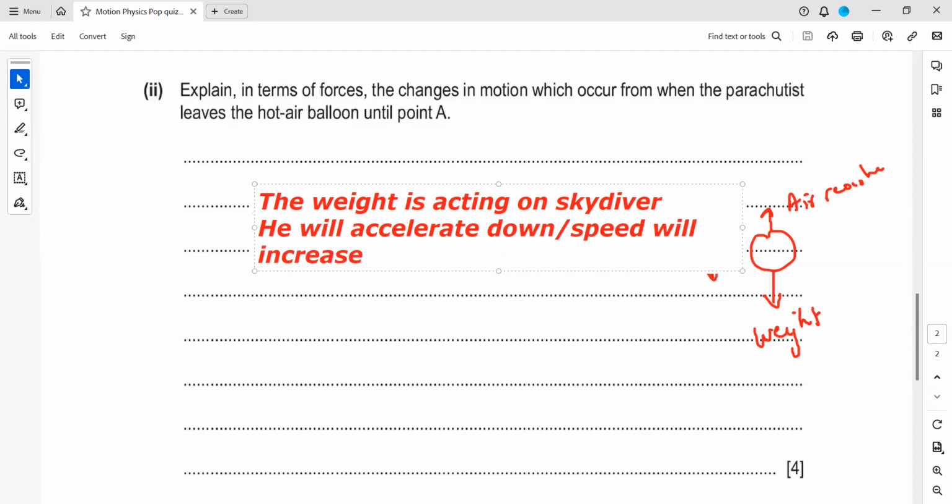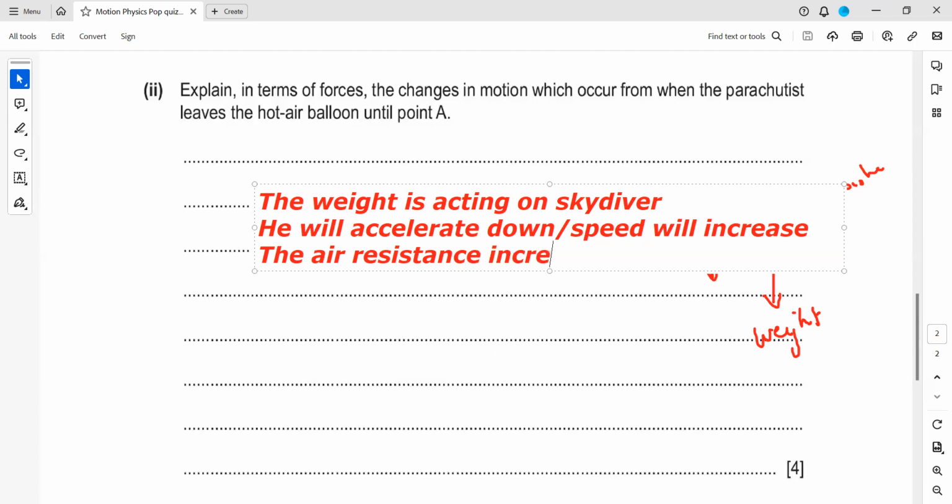As a result, when the speed increases, what will happen? The air resistance increases, because air resistance depends on the speed at which the object is moving through the air. If an object is moving at a higher speed, it will experience greater air resistance, which opposes the motion.